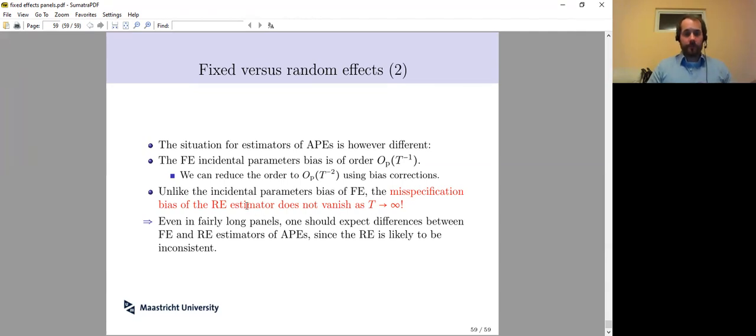So what does it mean for you in practice? If you are not very sure about the density of your unobserved effect, and you're interested in estimating APEs, you should probably use bias-corrected fixed effects estimators.